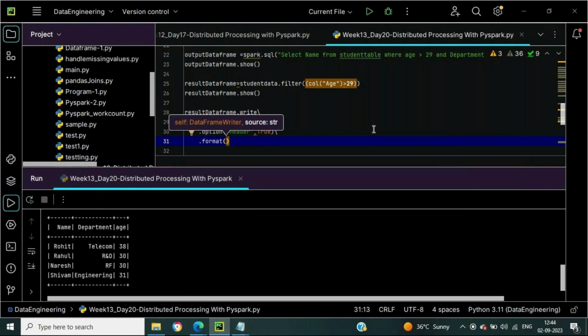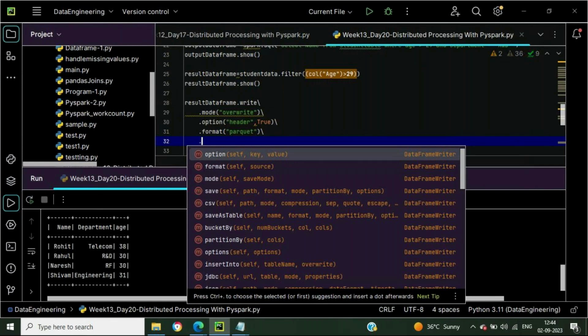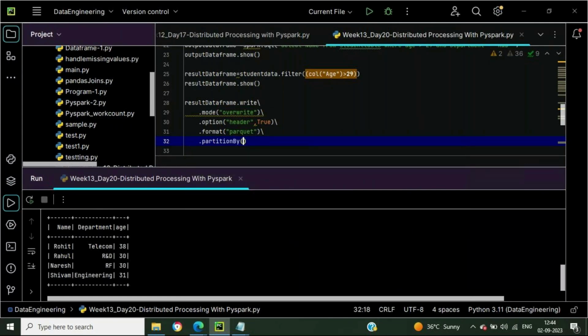What will happen in ignore and error? Ignore will ignore the operation if the file path already exists, so it will not write the file there.